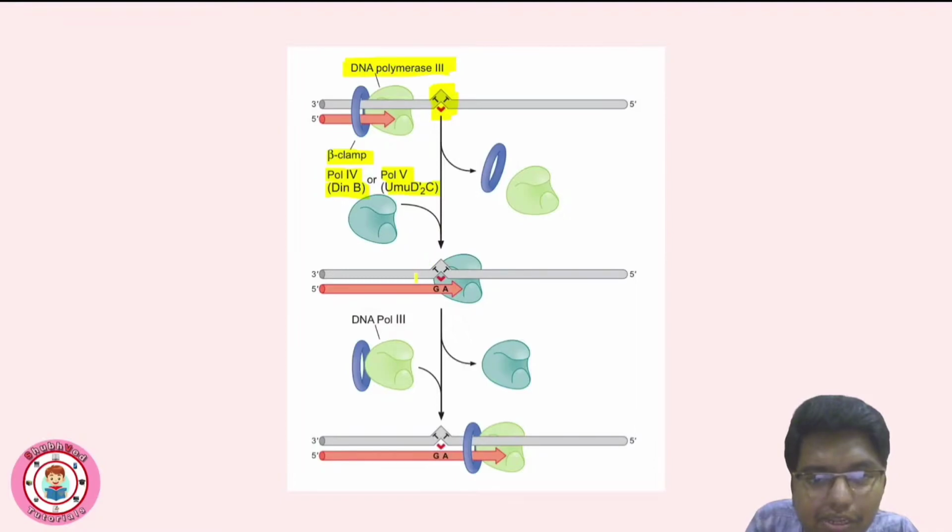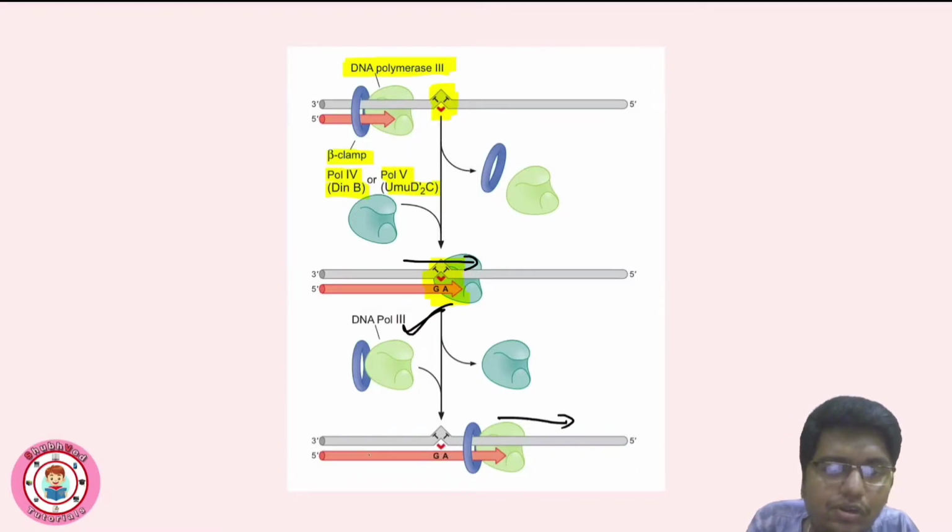They will continue the synthesis over the lesion. So replication is proceeding with the help of these translesion polymerases. It will continue for some nucleotides after the damage or lesion, and then the original polymerase, DNA polymerase III, will come again, continuing the further replication.